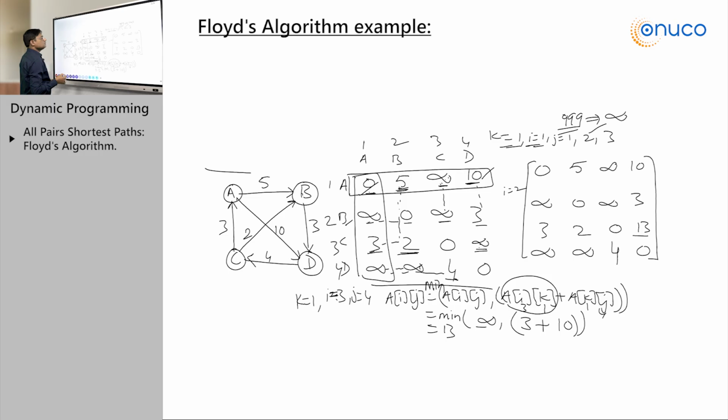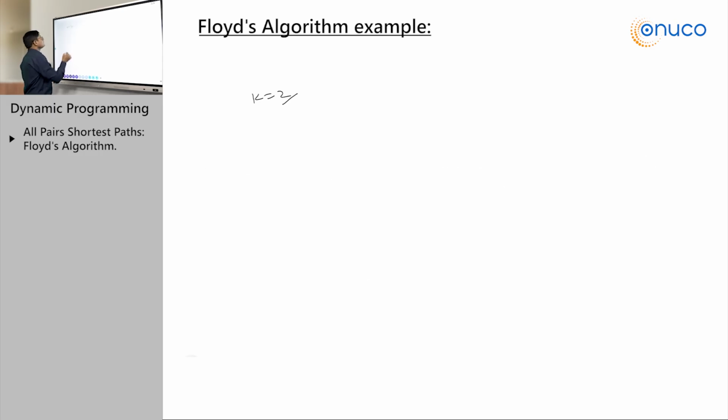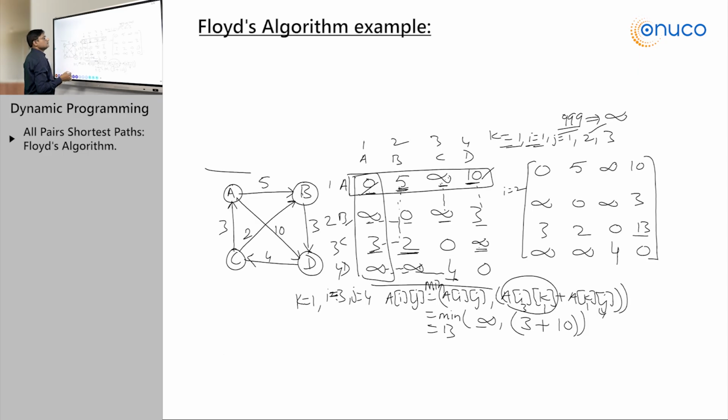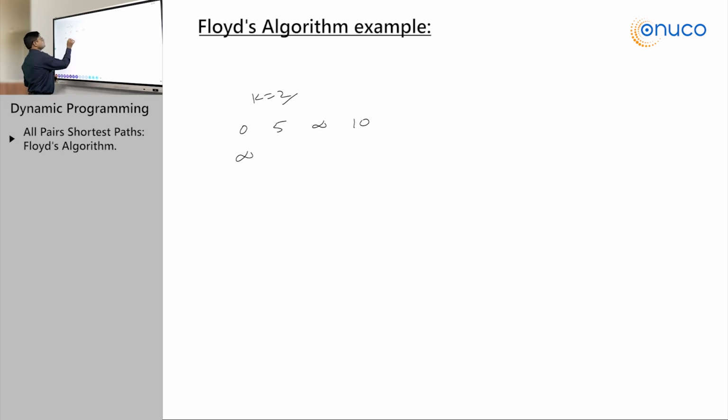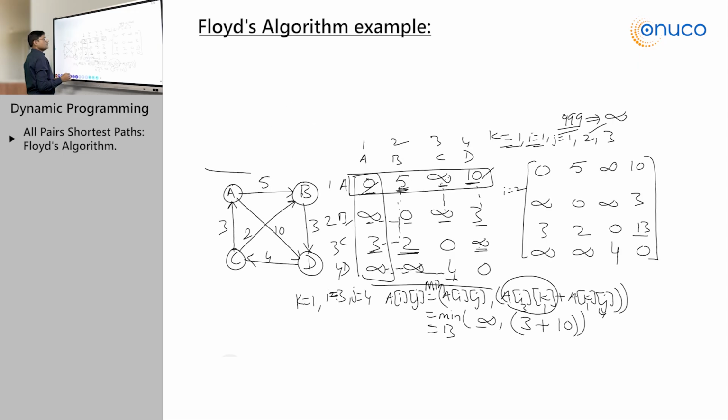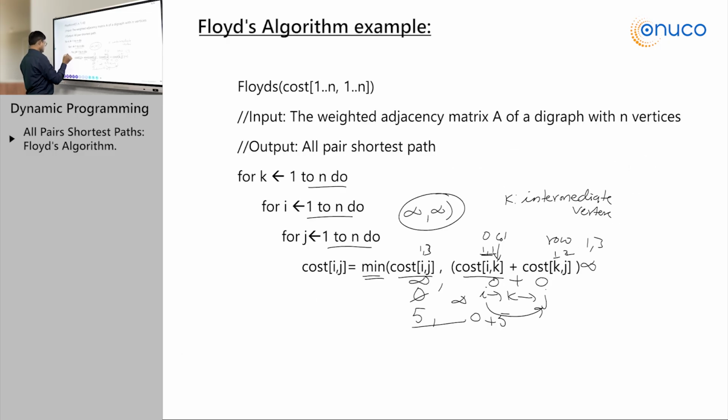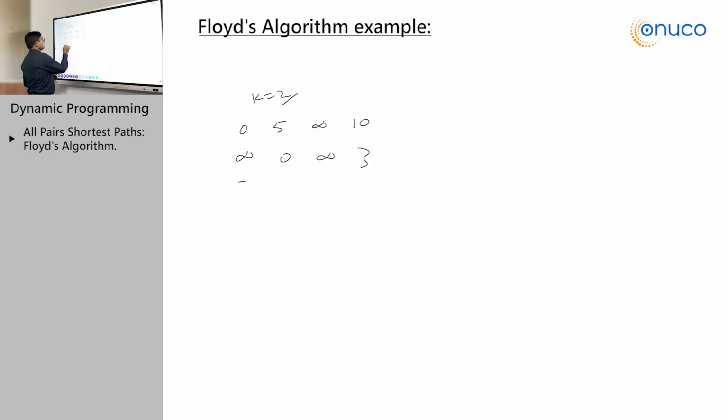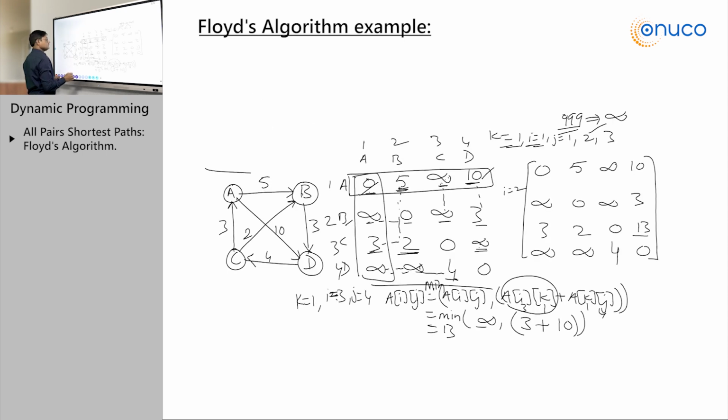And what outcome did you get? 0 5 infinity 10, then infinity 0 infinity 3, and we have 3 2 0 13, and the last is infinity infinity 4 0.